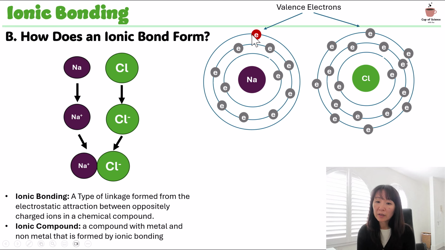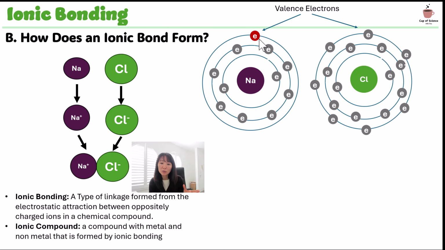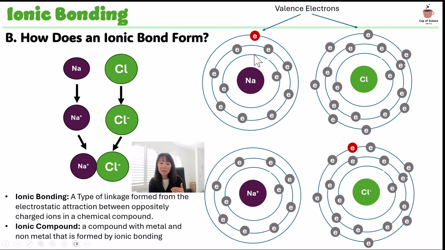So there are valence electrons for sodium, and valence electrons for chlorine, in the very outermost layer. The sodium has a special electron because it's in red. It's not that it's special per se. I just want you to see the next step, which is that the sodium will donate its electron to the chlorine, and the chlorine will accept that one electron.